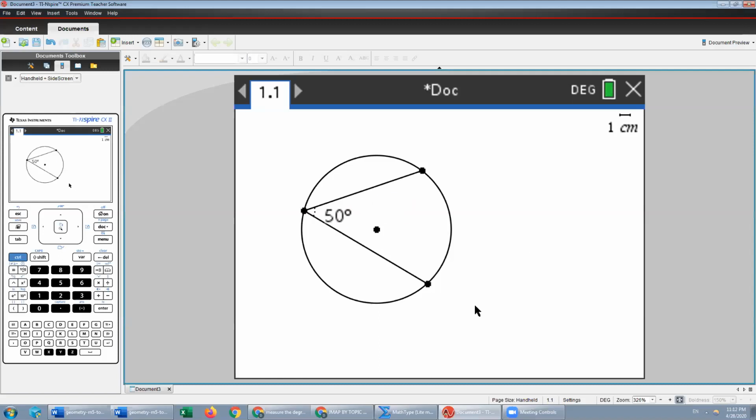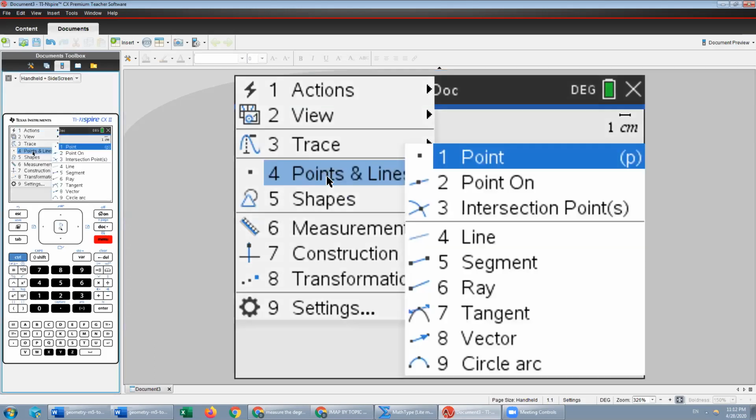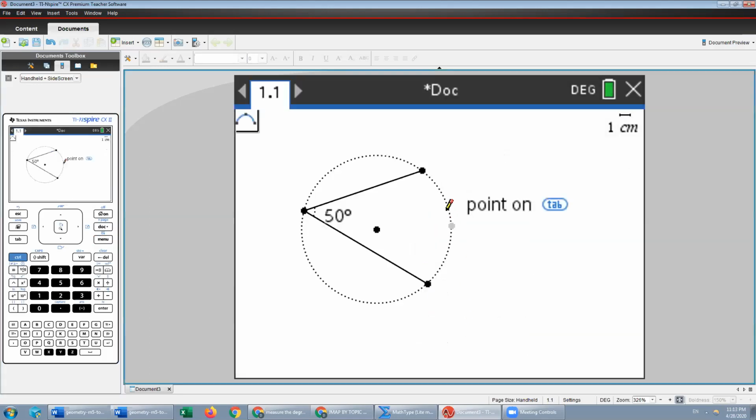Next we're going to measure in degrees the arc that's intercepted by the inscribed angle. Unfortunately, these calculators cannot measure these arcs in degrees. All it can do is measure the arc length, so let's go ahead and measure that arc length. But before we can do that, we need to draw in an arc. Your calculator does not recognize this as an arc yet.